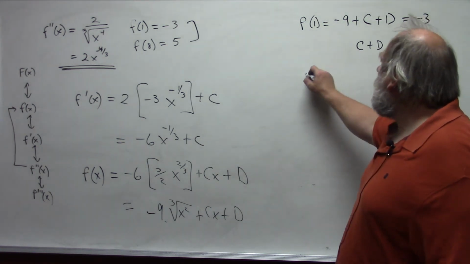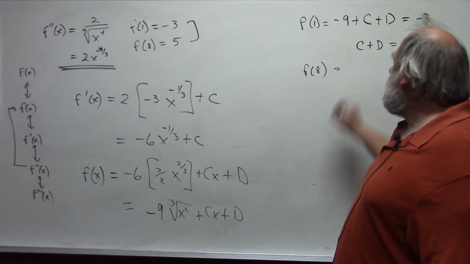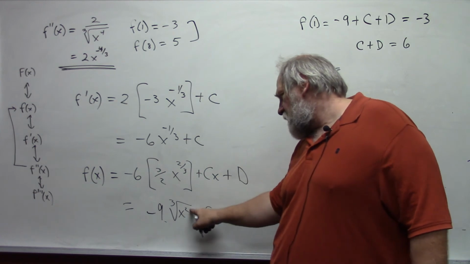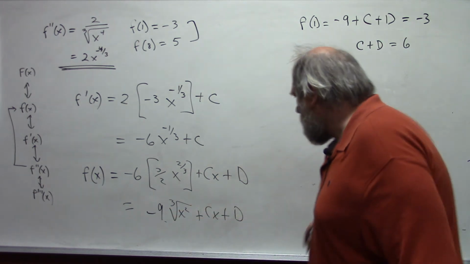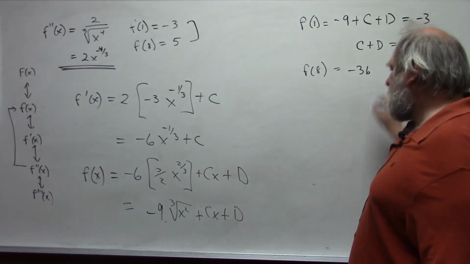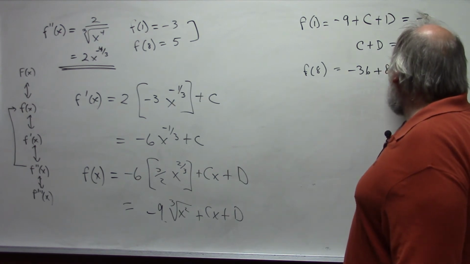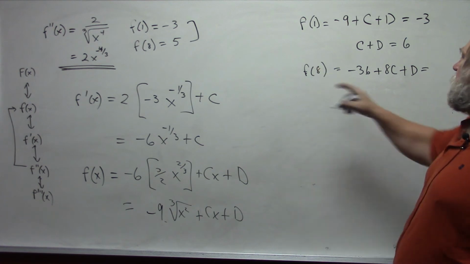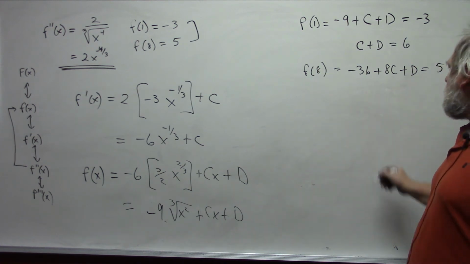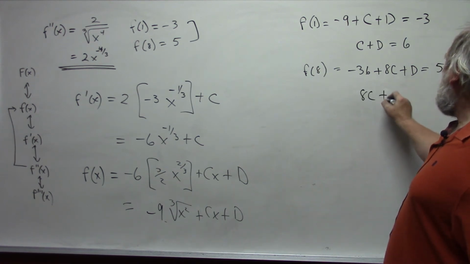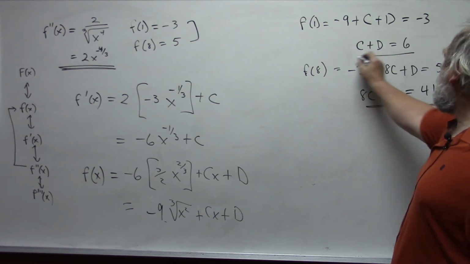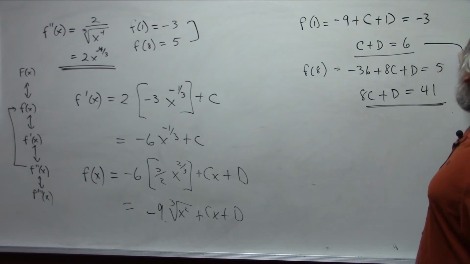And f at 8 is equal to, the cube root of 8 is 2, squared is 4, so that becomes negative 36 plus 8c plus d, and that's equal to 5, which means that 8c plus d is equal to 41. So I now have this system of equations that I have to solve.